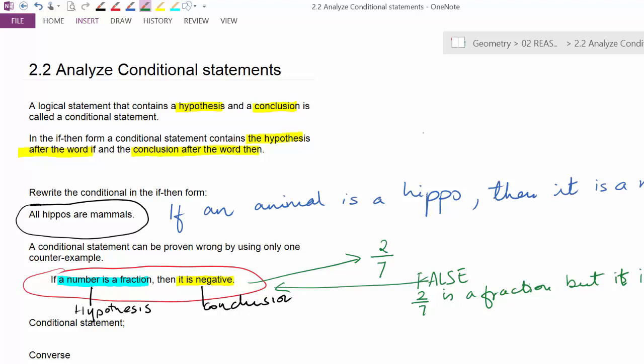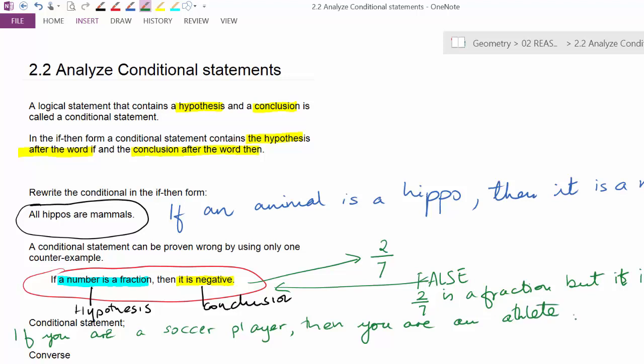If you are a soccer player, then you are an athlete.